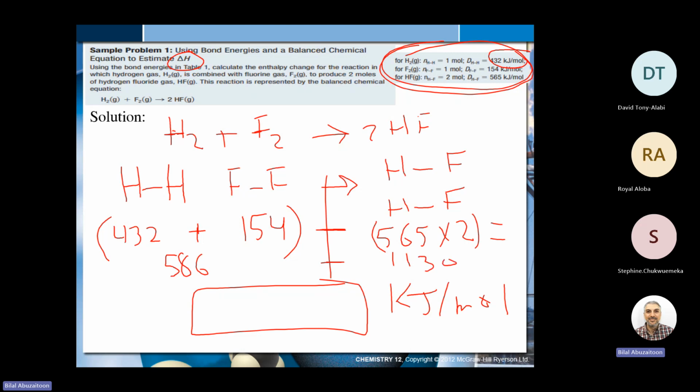So negative 1130 plus 586 equals negative 544. You said 544, right? Yes. So this is what delta H reaction is. Regardless, you can write it: delta H reaction, negative 544 kilojoule per mole.